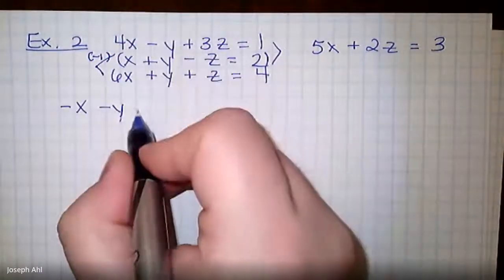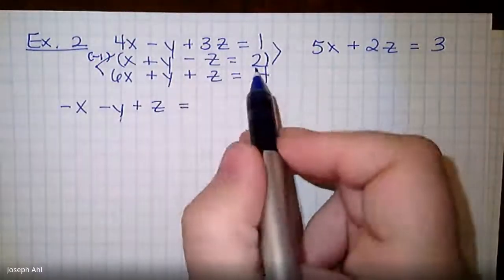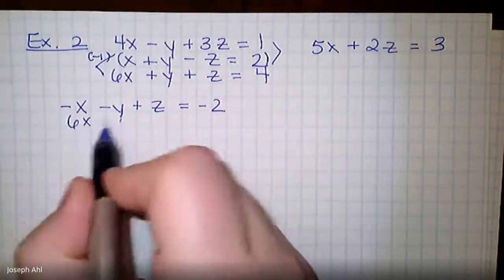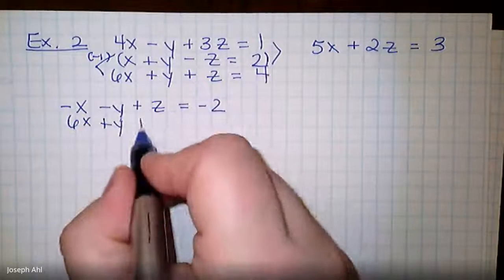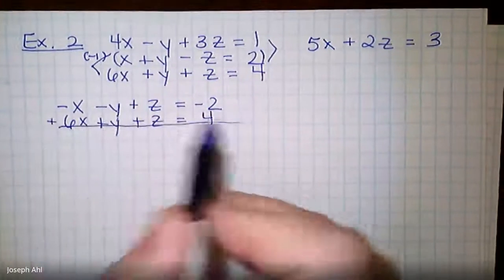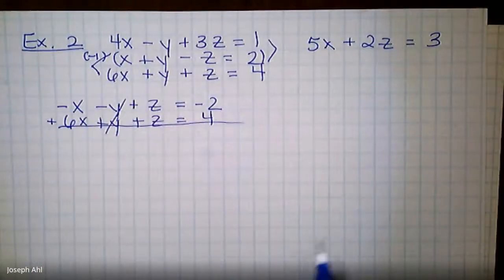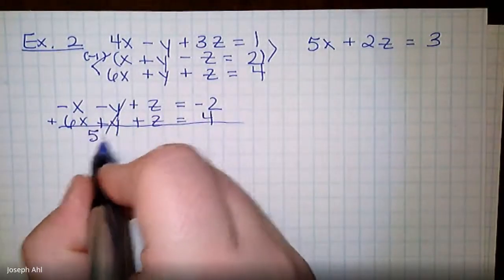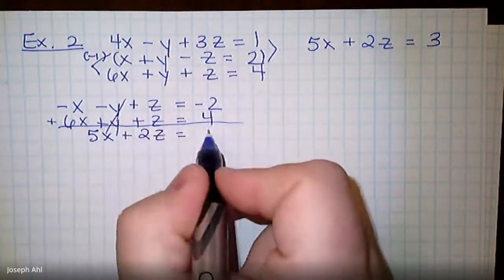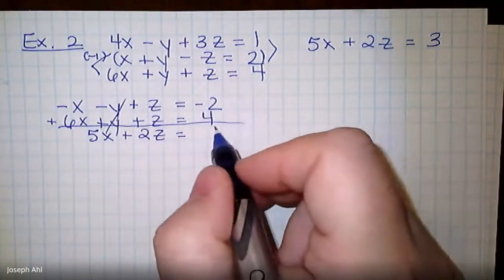So negative x minus y, then plus z is equal to, over on this side, -2. Combine that with 6x plus y plus z is equal to 4. Add those up. Definitely y gets eliminated again, and we get 5x plus 2z is equal to -2 plus 4, which is going to wind up equaling 2 in this case.